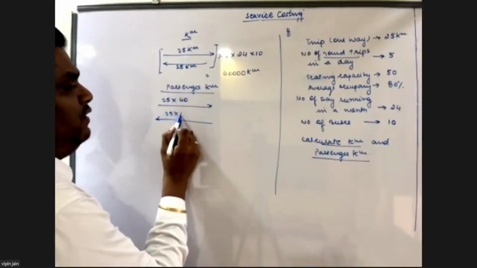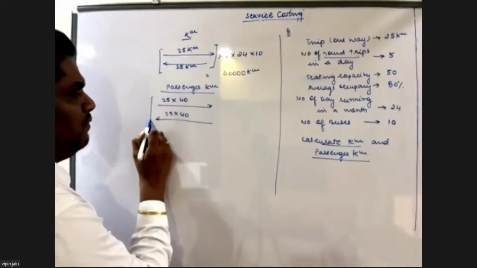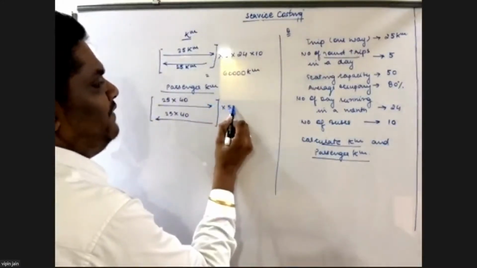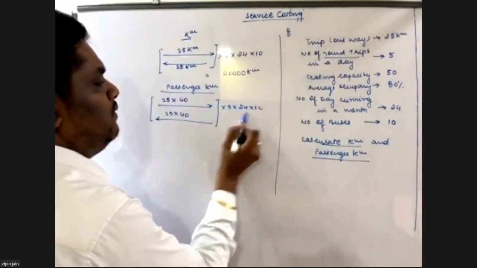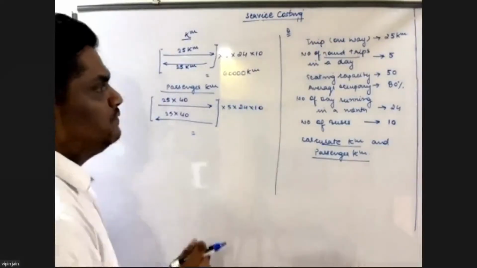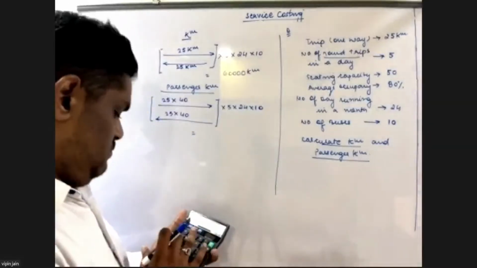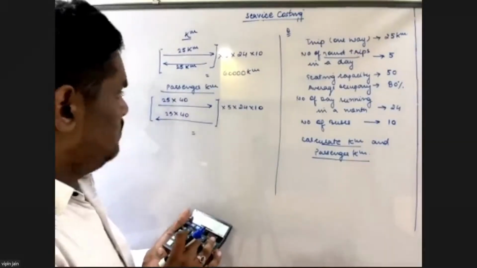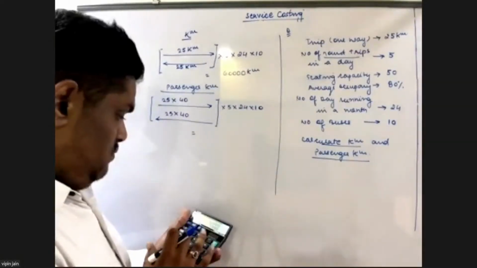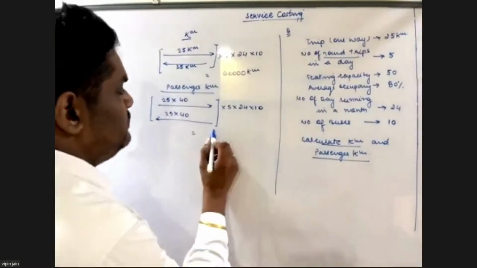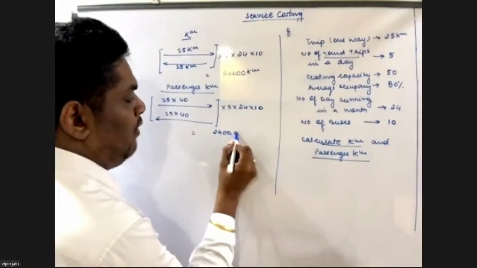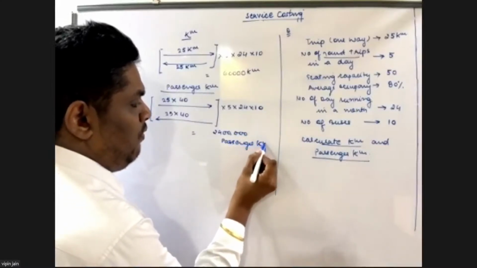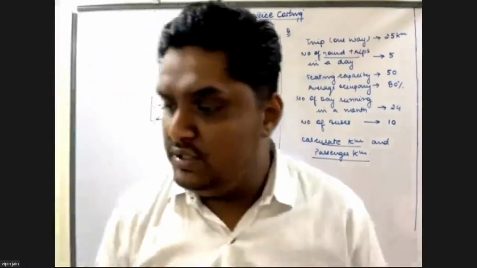So 25 into 40, into 5, into 24, into 10. So this will be 24 lakh. This is how the question is to be solved.